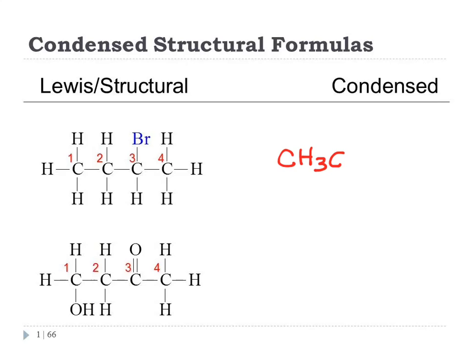How many hydrogens does the second carbon have? So CH2. And the third carbon? 1 hydrogen and a bromine, so CHBr. And then, I'm running out of room, the fourth carbon has how many hydrogens? I don't know why I started to write 4. It's 3, thank you.